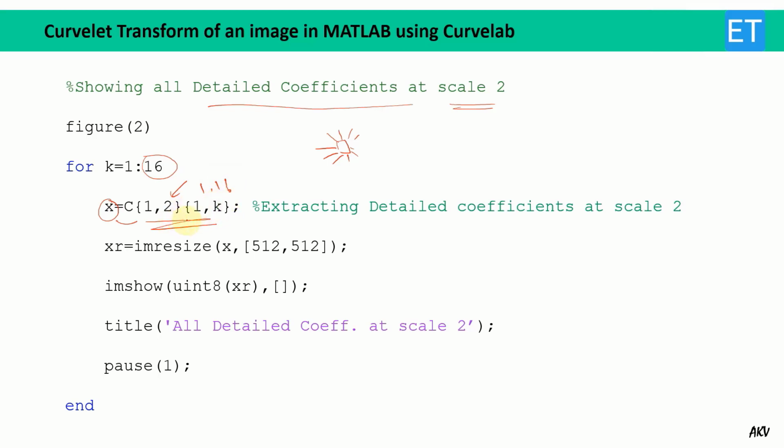Each matrix, that means each wedge, is taken one by one, and just for display purposes, since they are of different sizes, I'm resizing to 512 by 512 and showing them as images one by one. So let's see what happens after executing this program.